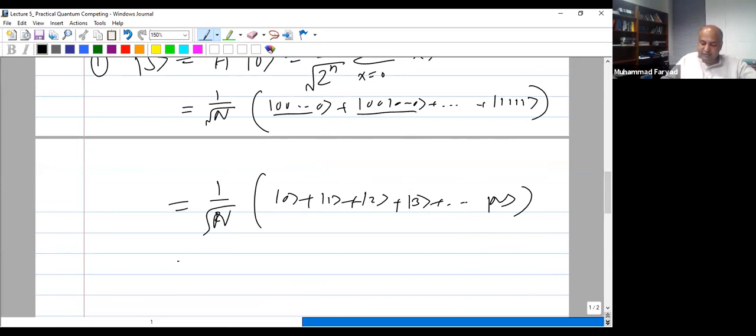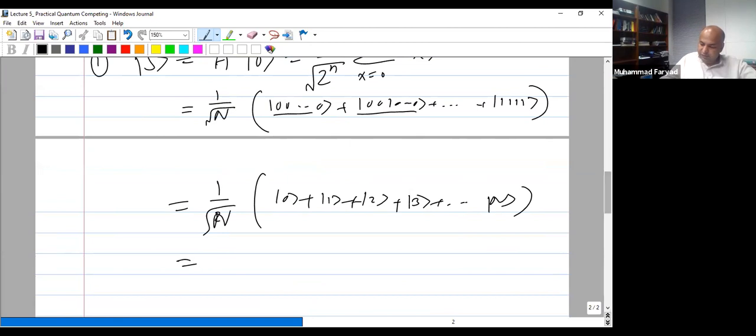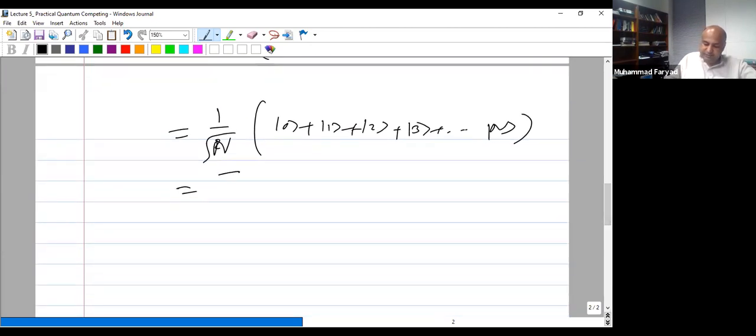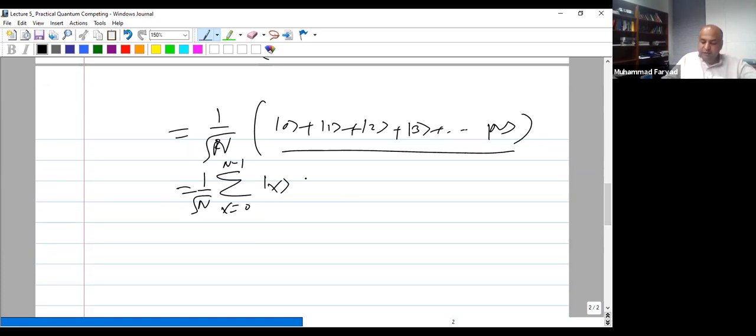So in this case, this S state, when I write it like the sum from 0 to N minus 1 of x, you can picture it like this. But this really is the state that I just wrote above, and these 0, 1, 2, 3 are all binary states.